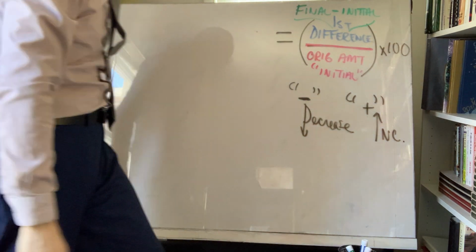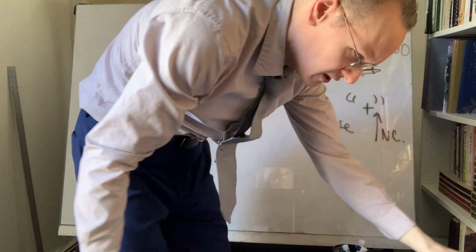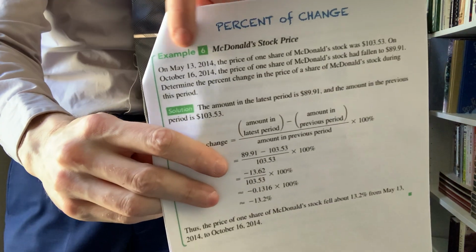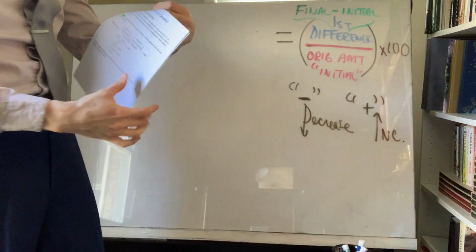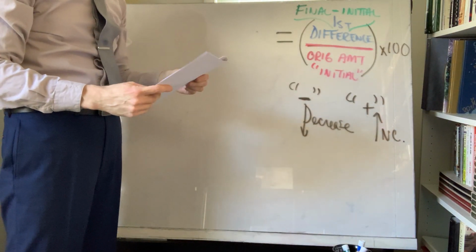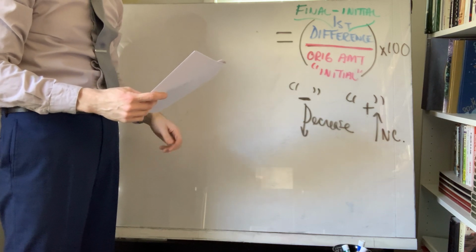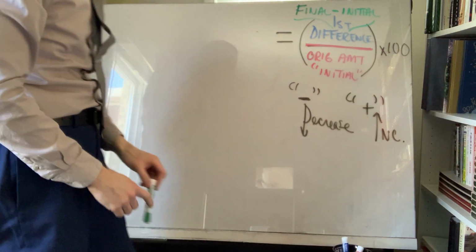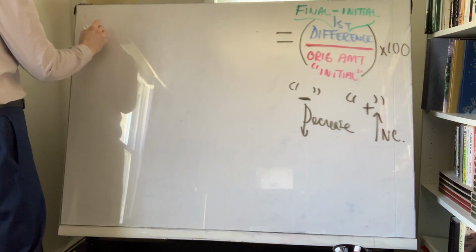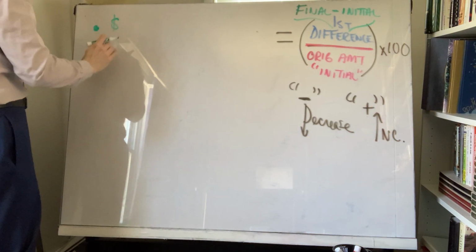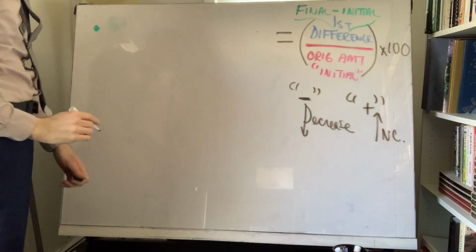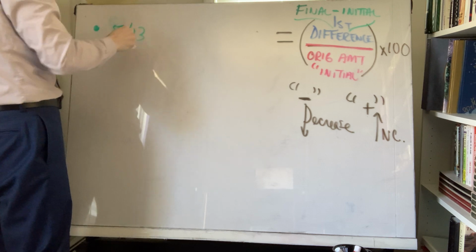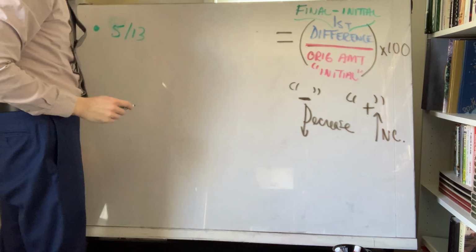So in the case of this question about McDonald's stock price, I'm reading here: on May 13th, 2014, the price of one share of McDonald's stock was $103.53. I'll put the date here, never mind the year, it's irrelevant.